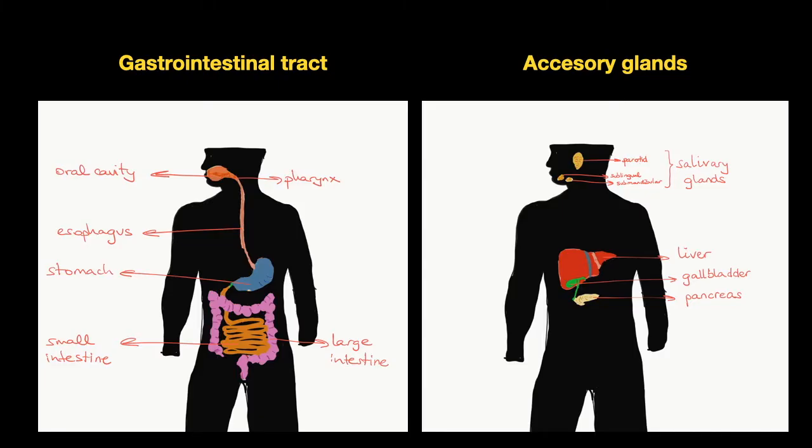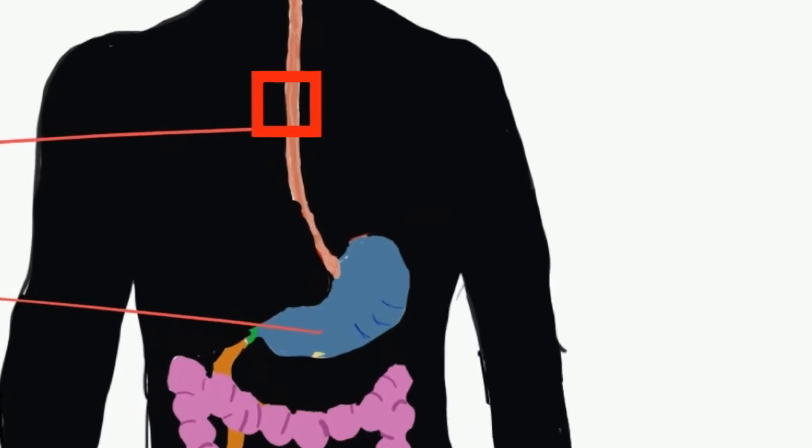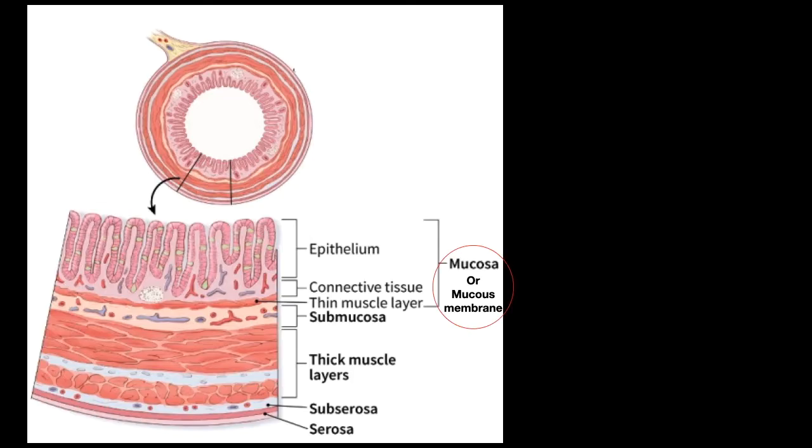The gastrointestinal tract is composed of different tissue layers. Starting from the lumen and moving outwards, these layers are the mucosa, submucosa, muscularis, and serosa. The mucosa or mucous membrane is a membrane lining our digestive tract. It varies in structure, but it is a surface layer of epithelial cells, which form an epithelium tissue.